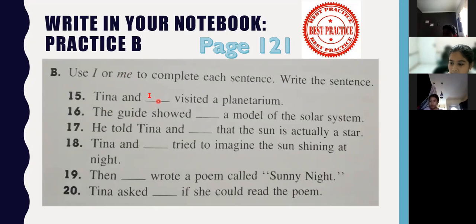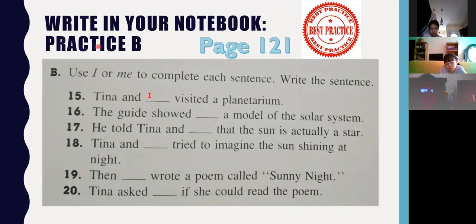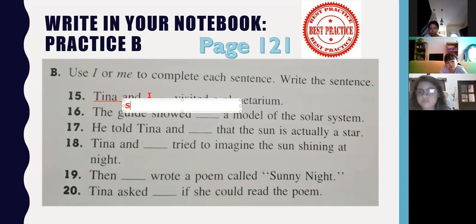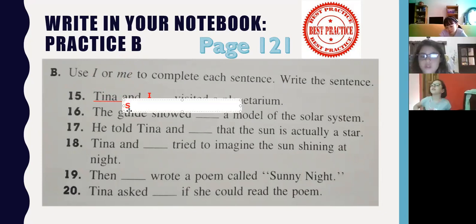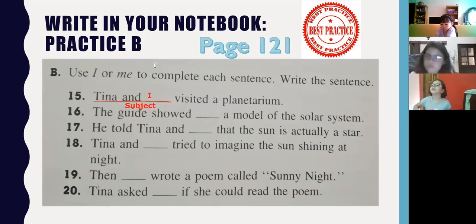At the beginning, remember, we need to check if what we're looking at is the subject of the sentence. So we have Tina and I. Remember, I is in the subject. The subject is at the beginning of the sentence, and me is at the end, because it's in the predicate. So now we have the subject. I'm going to mark here Tina and I. This is the subject of our sentence. I'm going to write the letter S, that means subject. And I'm going to use another color to show you the predicate.